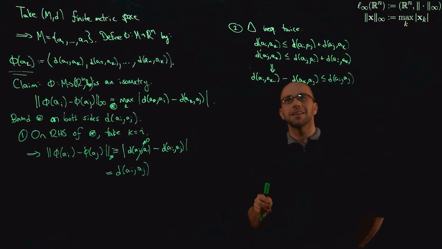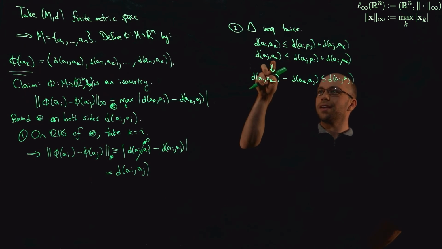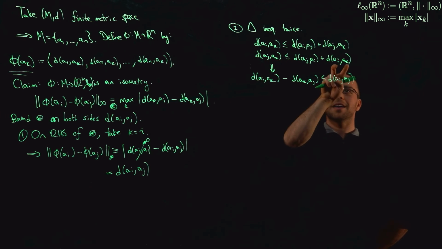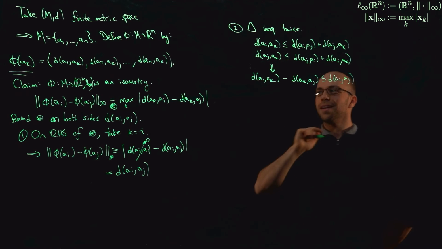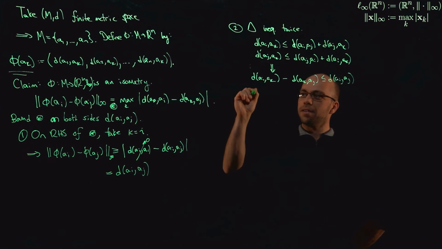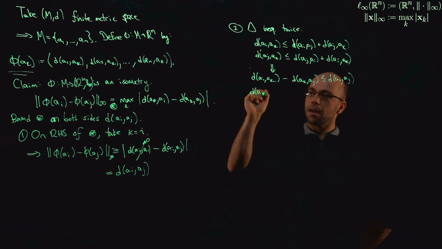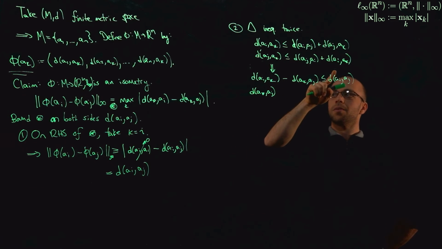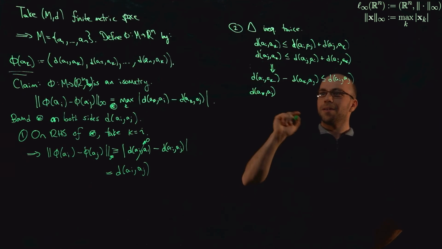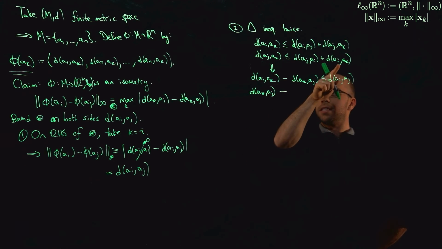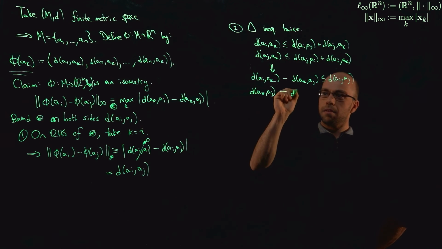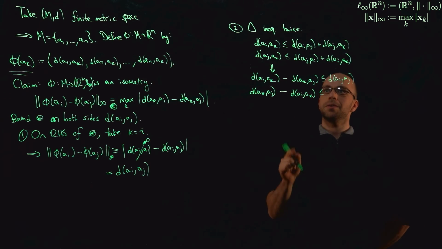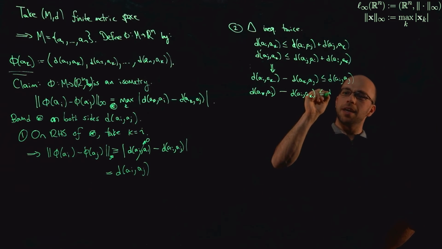Similarly, from the second expression, we know the following: d of AK AJ minus d of AI AK is less than or equal to d of AI AJ.